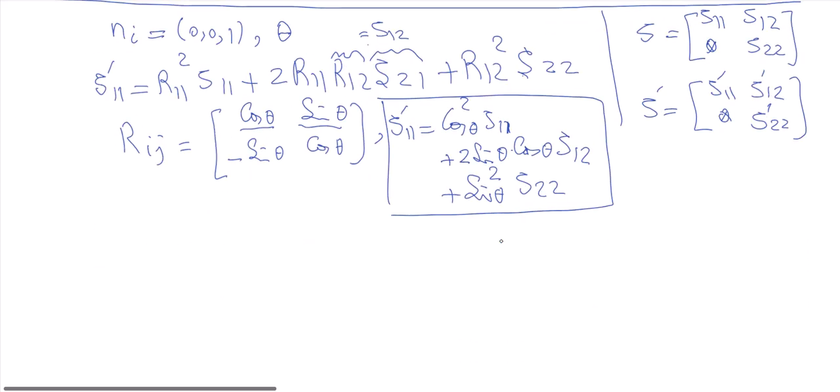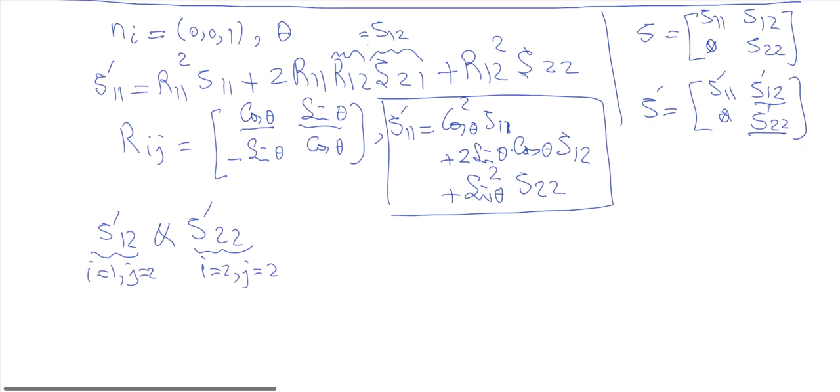The second one, which is S prime 1, 2, and the third one, which is S prime 2, 2, these two terms can be found similarly by expanding on i and j. Here i equals 1, j equals 2, and here i equals 2, j equals 2 as well.